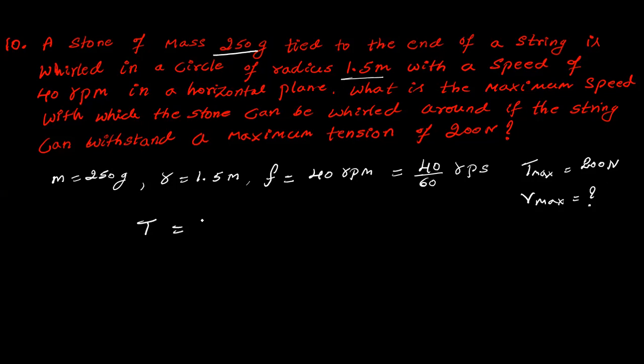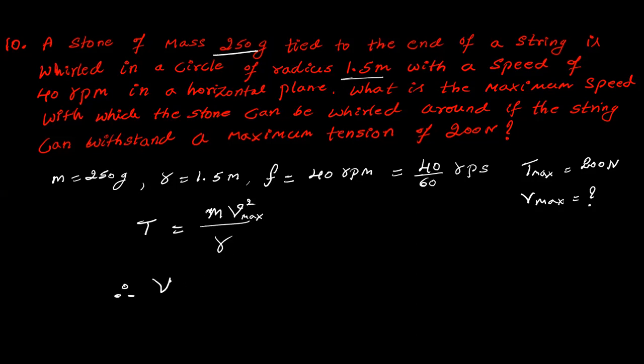T is equal to the centripetal force we can use, since it is wheeling in a circular path. So the tension in the thread is balanced by the centripetal force, mv square divided by r. This you can take as V maximum.